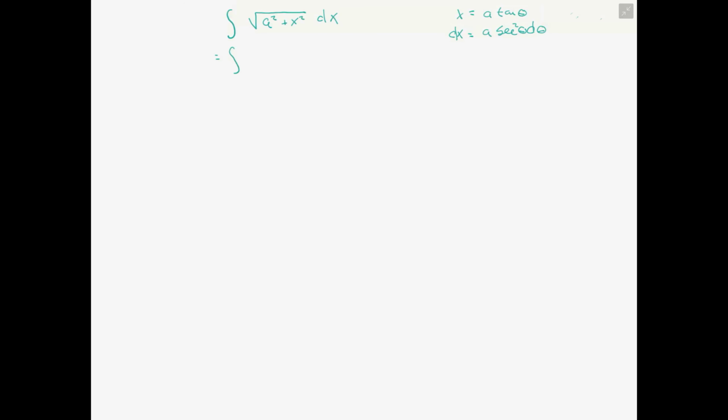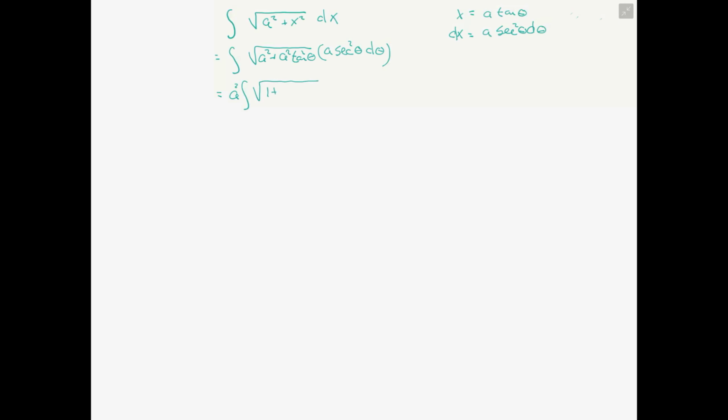Now, we make our substitution. We've got the square root of a squared plus a squared tangent squared theta times a secant squared theta d theta. And now we pull out our a's. We got a squared on the outside.